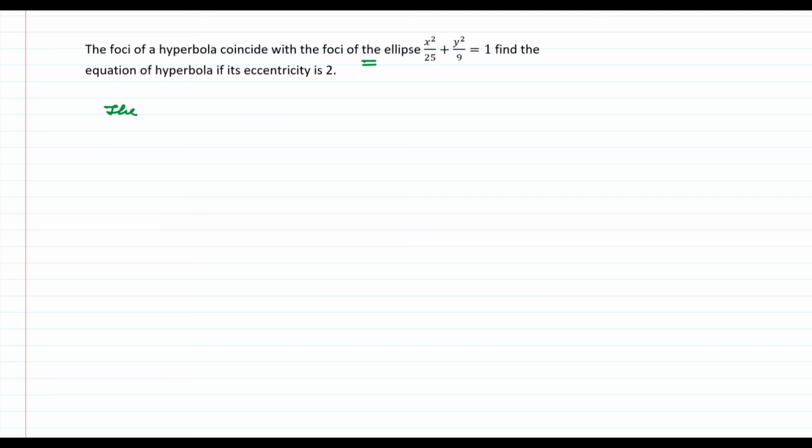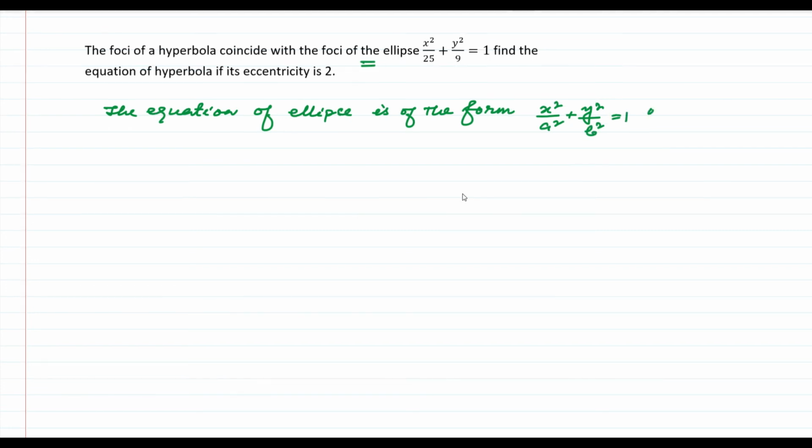So the equation of ellipse is of the form x square by a square plus y square by b square equals 1, where a square is 25 and b square is 9.